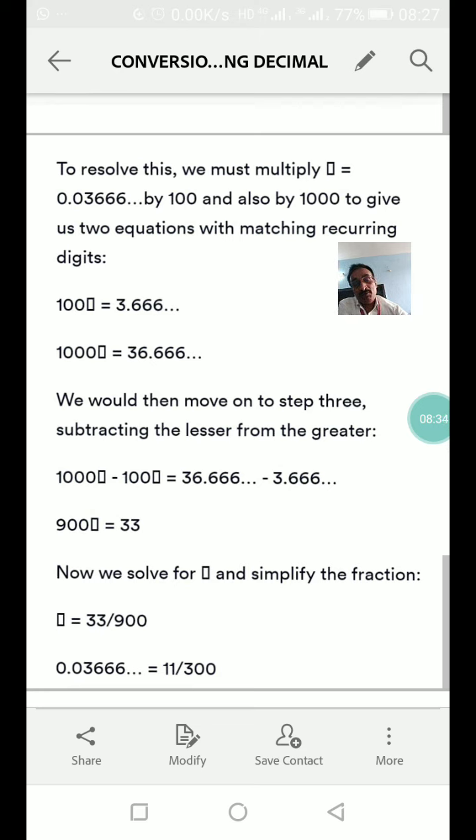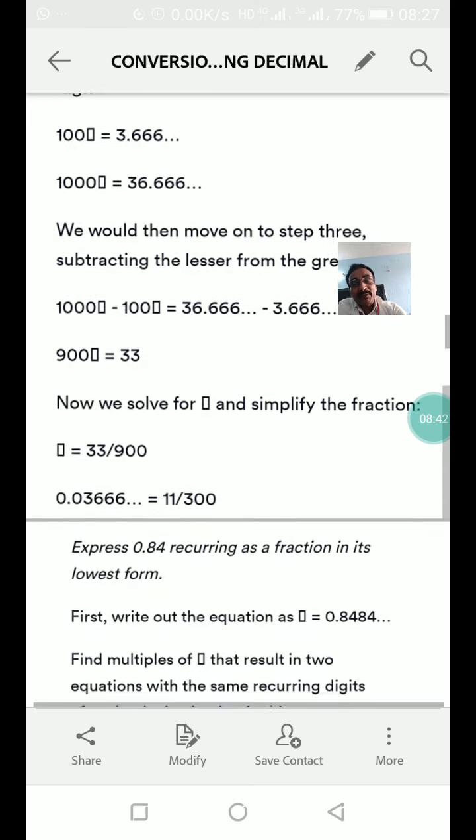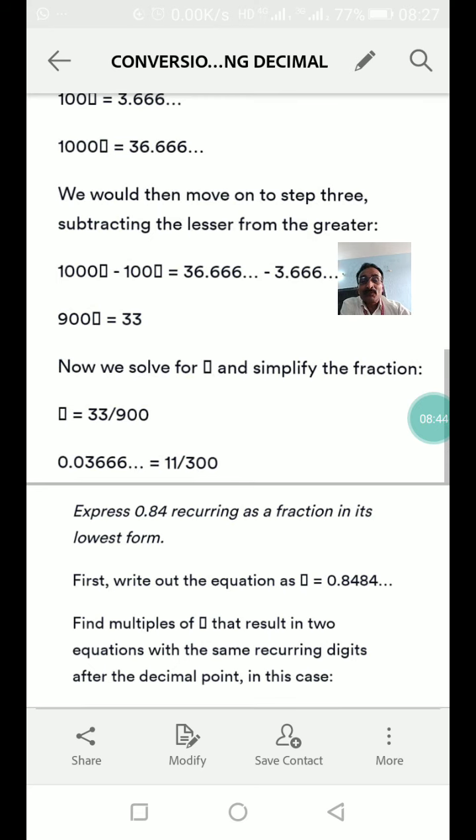Now we solve for x and simplify the fraction. You get x equal to 33 by 900, and you find the HCF of 33 and 900 is 3. You divide numerator and denominator by 3, and you get x equal to 11 by 300. Now just take the next examples.